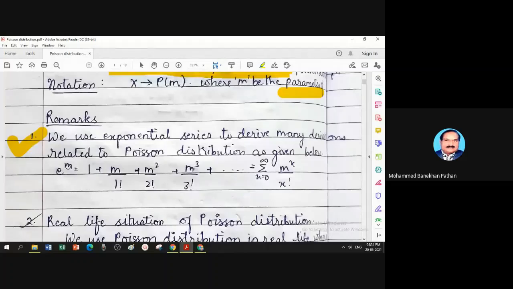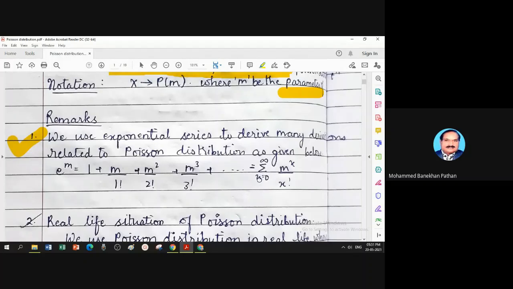E raised to m equal 1 plus m by factorial 1 plus m square by factorial 2 plus m cube by factorial 3 plus continue up to infinity. You can write this big expression in the form of summation like this.